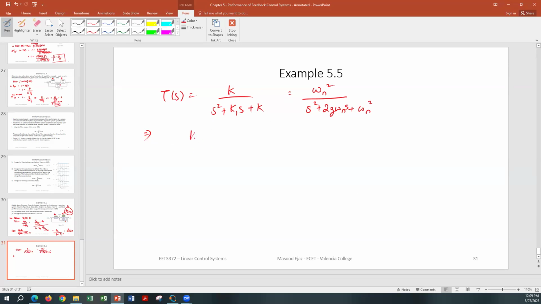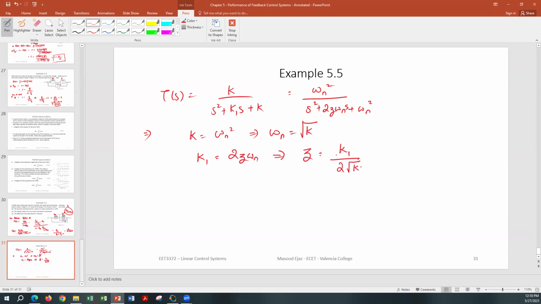So omega n is equal to the square root of K, and K1 is equal to 2 zeta omega n, and omega n is the square root of K, so zeta is K1 over 2 square root of K.